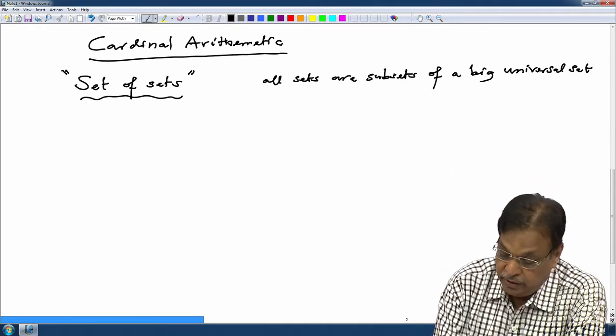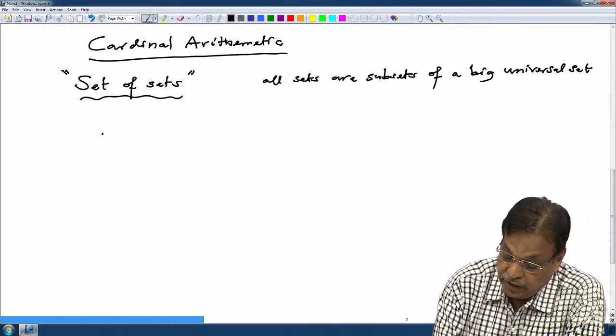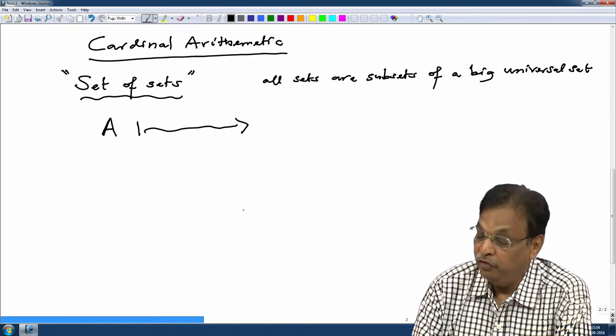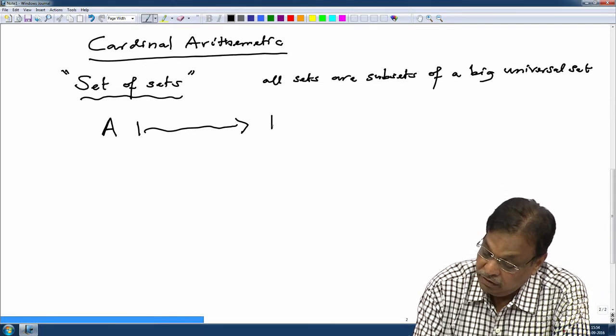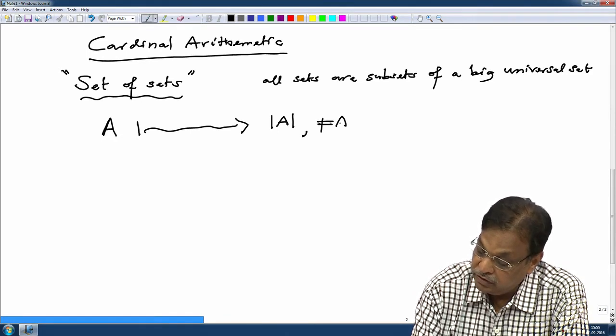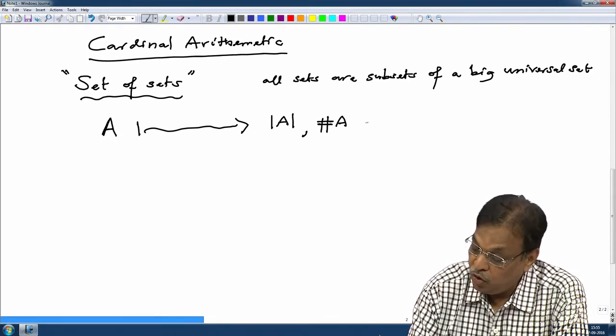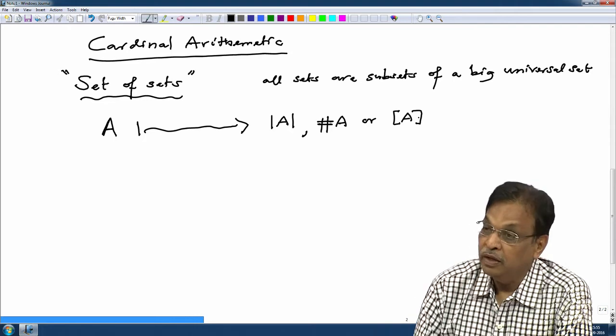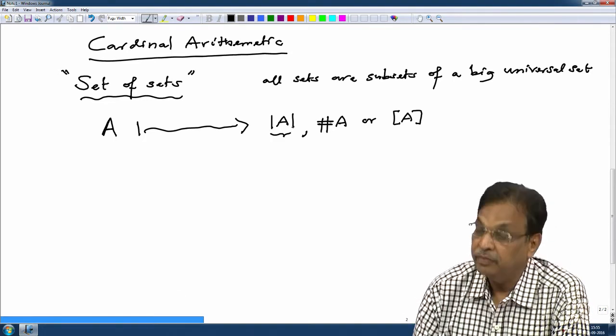To each set A, I am going to attach some object, which I will write like this. There are several notations in the literature. Either it is written like this, or like this, or also like this, and so on, but I will use this notation.